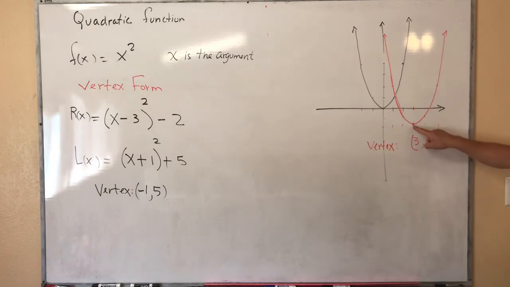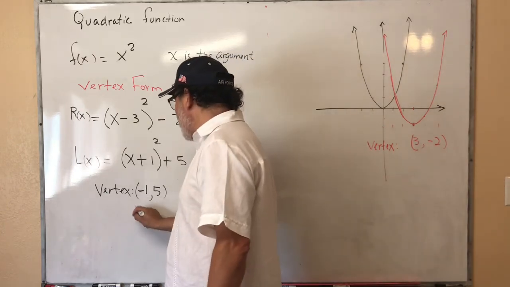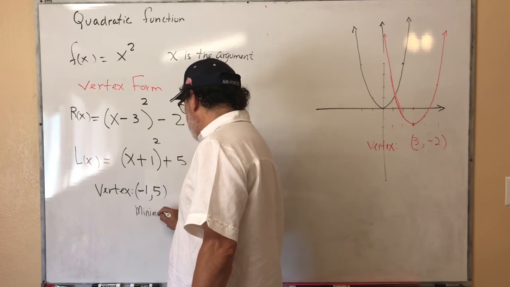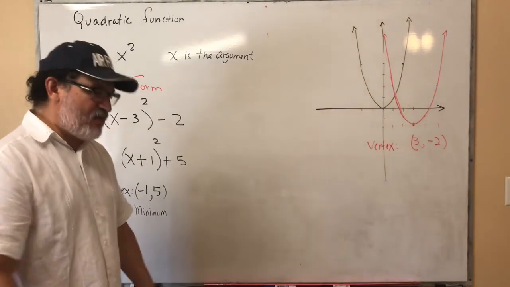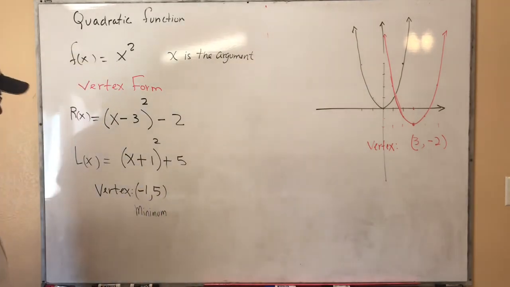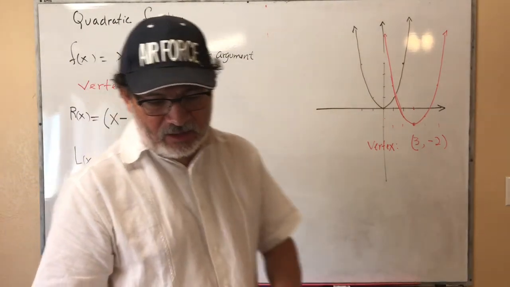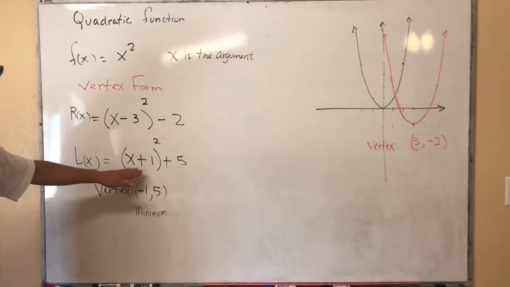That's a minimum. If it opens down, the vertex is the maximum. Very good. Now this is in vertex form, right here.